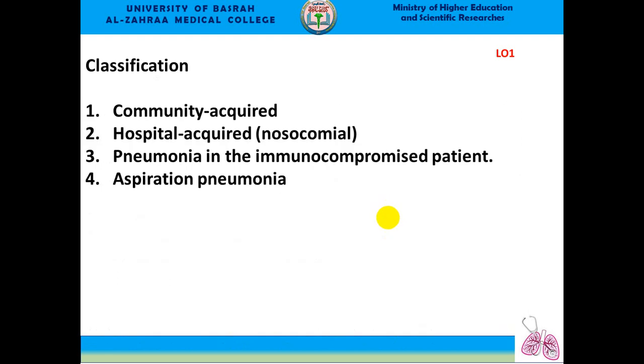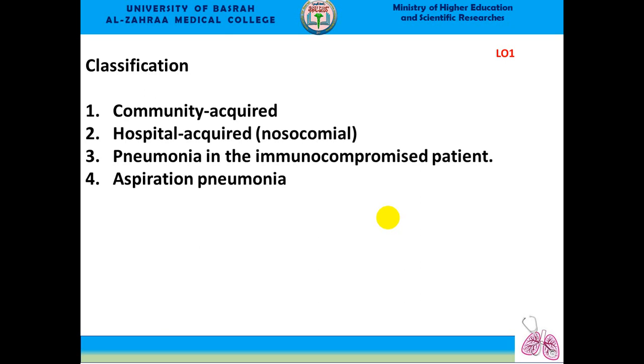And there is another classification of pneumonia according to the etiology. So if the pneumonia is acquired while the patient is doing his usual daily activity, we call it community-acquired pneumonia. So it is a pneumonia that is acquired while the patient is outside the hospital doing his daily job.